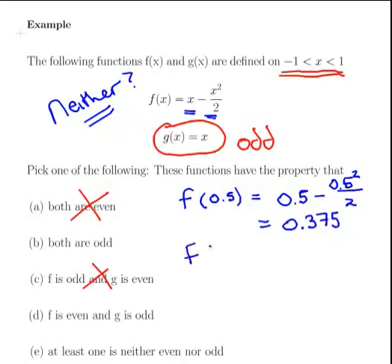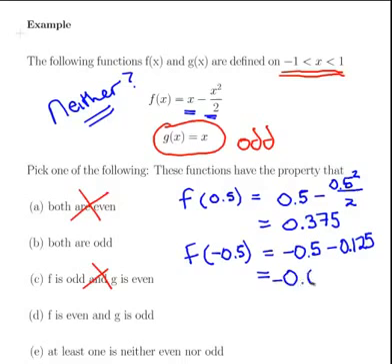f of minus 0.5 equals minus 0.5 minus 0.125, and that is equal to minus 0.625.